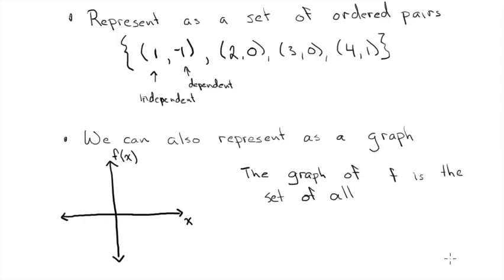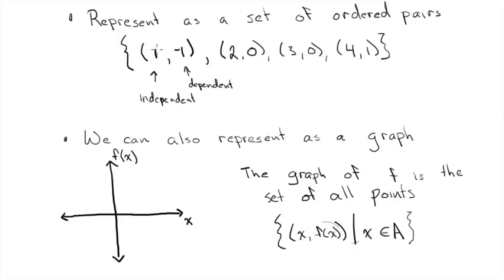So generally we could write that like this. It's the set of all the points x, f at x. So that's just all these points where x is in your domain. So basically, it's just saying this is just the set that we wrote up here.